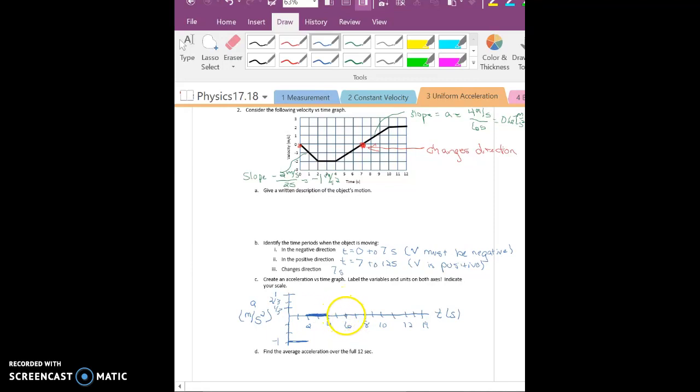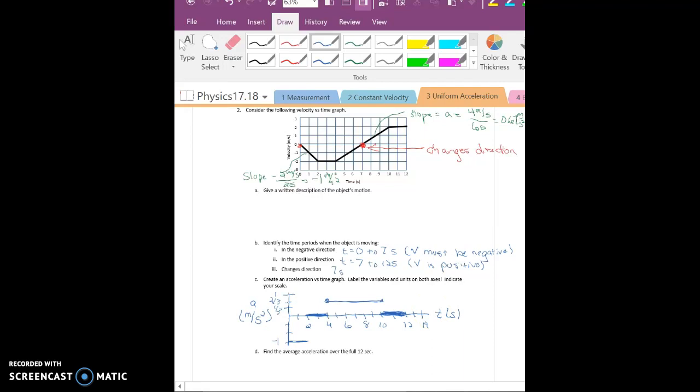From time 4 to time 10, the acceleration is 2/3. Sorry, I put too many seconds on my graph. And then from time 10 to time 12, the acceleration is 0 again.